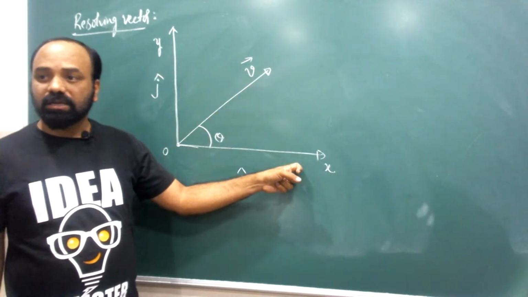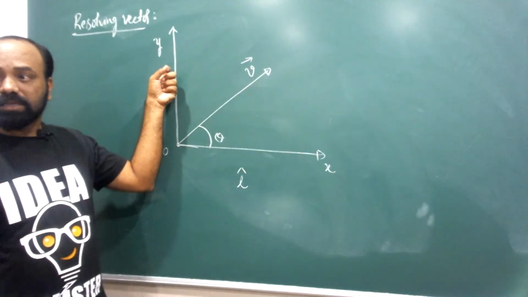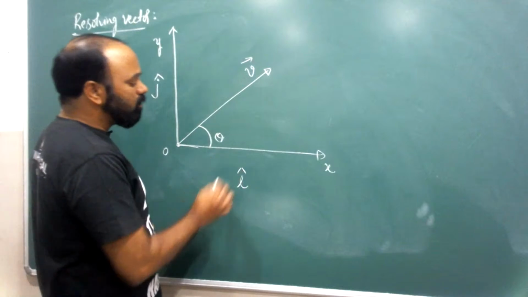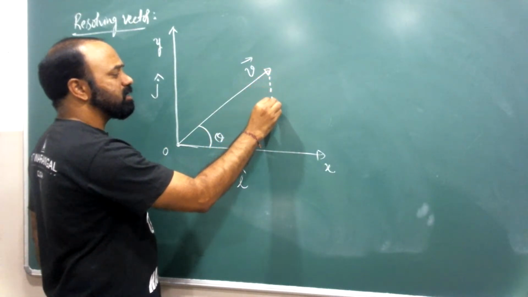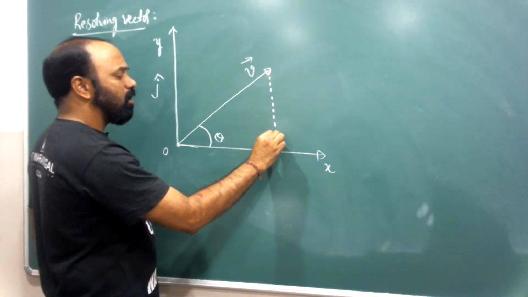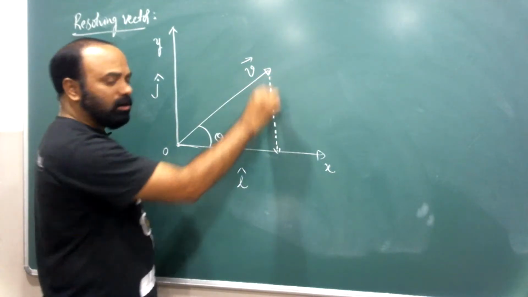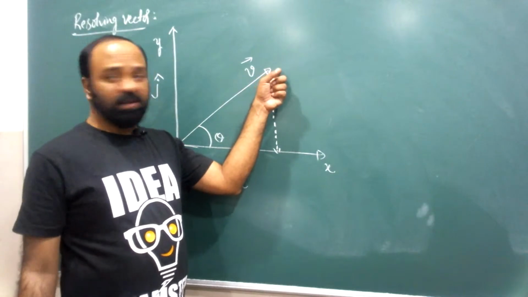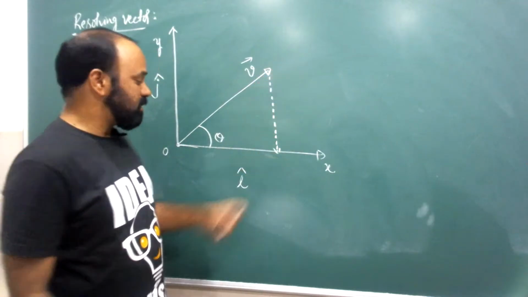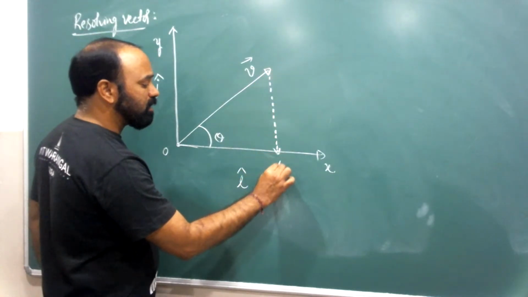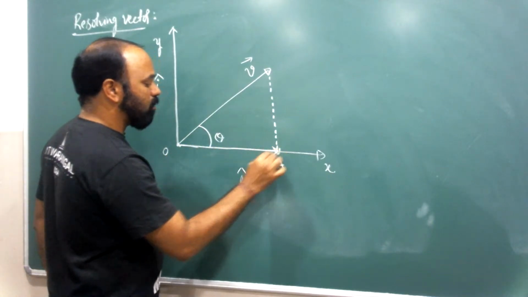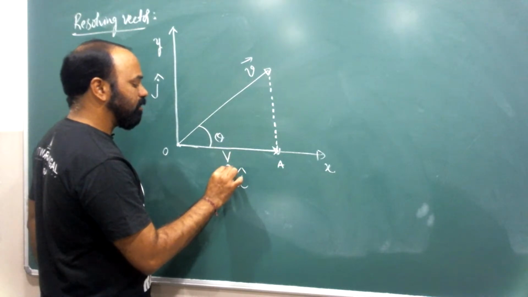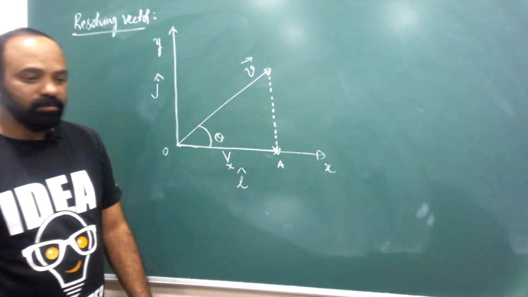One is along the horizontal direction, second one is along the vertical direction. To find the horizontal component, we draw the foot of perpendicular like this. This is called the projection of the vector onto the x-axis. This dotted line is the projection of this velocity vector onto the x-axis. It will touch at a point. If you take this as A, the length OA is called the horizontal component. You can take it as Vx.